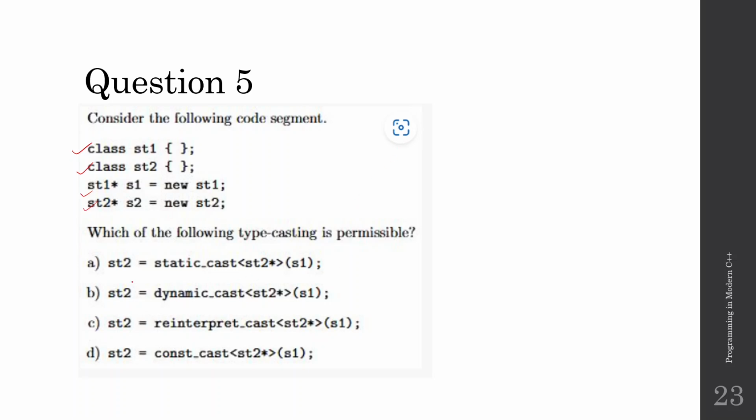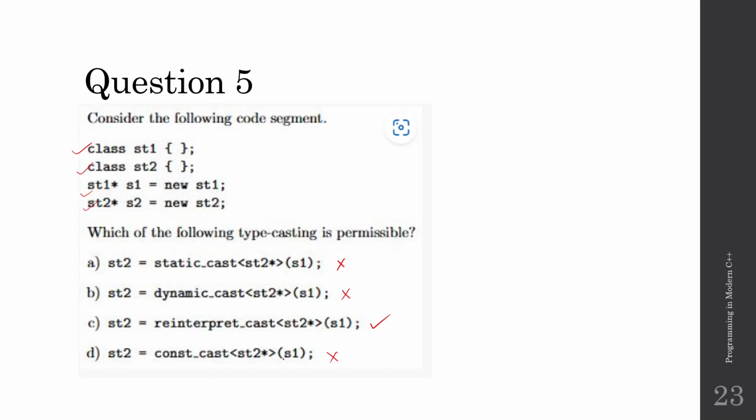Here we are trying to convert the st1 pointer into an st2 pointer, and that is not allowed with static cast. That is only allowed with reinterpret cast. Only reinterpret cast can cast between pointers of unrelated types. So static cast is not allowed. Dynamic cast also not allowed. Reinterpret cast is allowed, and const cast is also not allowed.